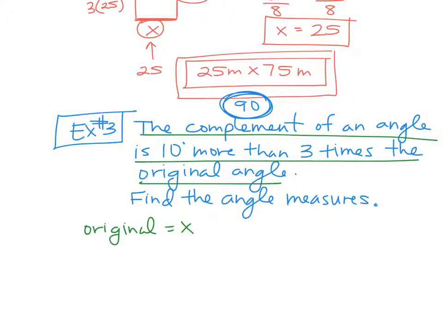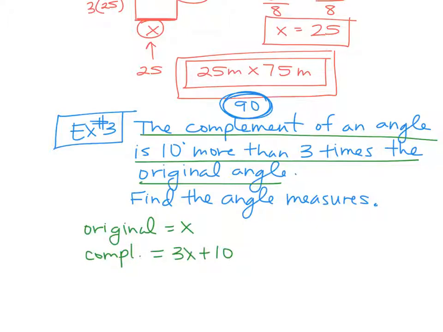Would it be 3x plus 10? Right. So the complement is 10 more than 3 times the original. So 3 times the original plus 10.